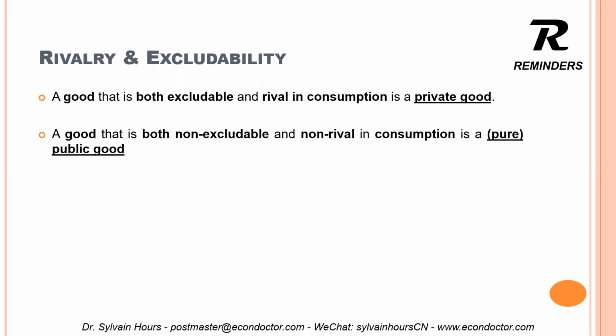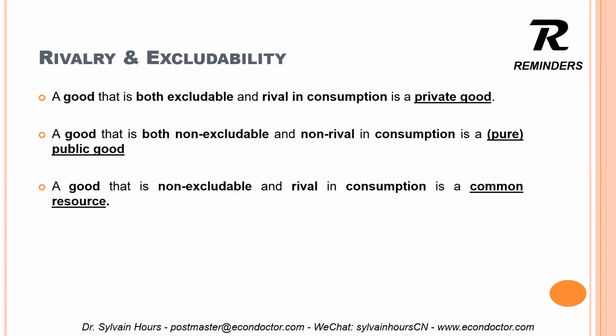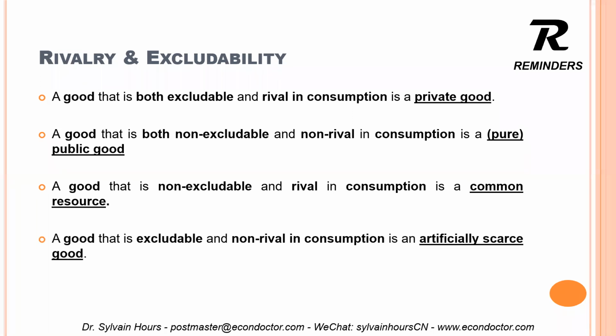And there are two types of quasi-public goods. So here I'm going a bit beyond the AS syllabus. A good that is non-excludable and rival in consumption, we call that a common resource. And I will give you a few examples in a minute. And a good that is excludable but non-rival in consumption, we call that an artificially scarce good.